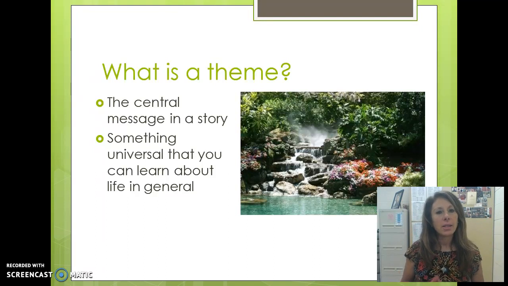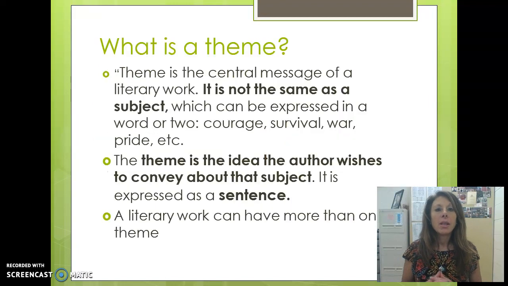So what is theme? Theme is the central or main message that the author is trying to get across in the story. It could be something universal that you can learn about in life in general. So, theme is the central message of a literary work. It is not the same as the subject, which a lot of you gave me in your notes.